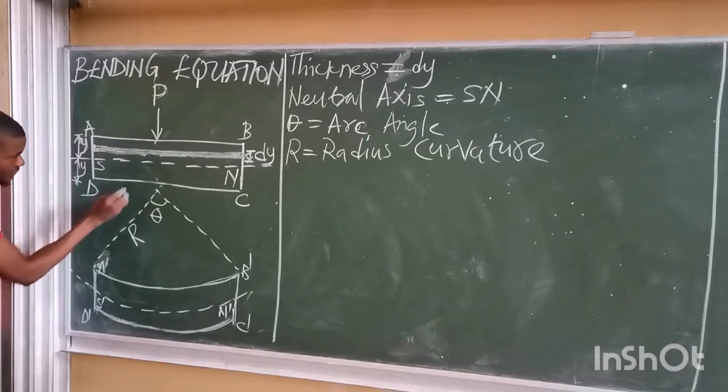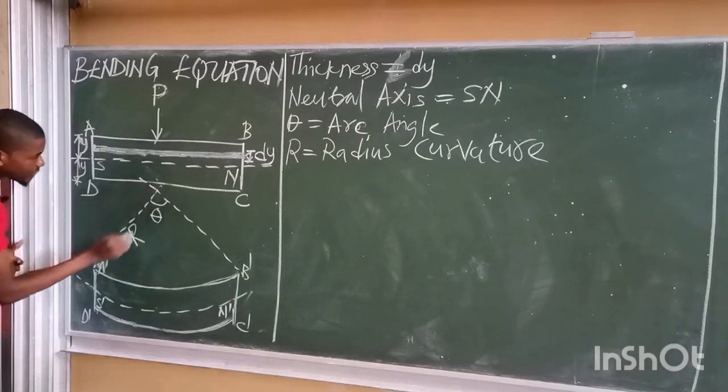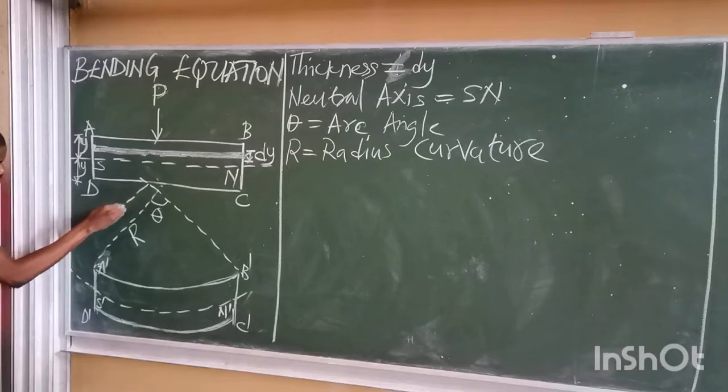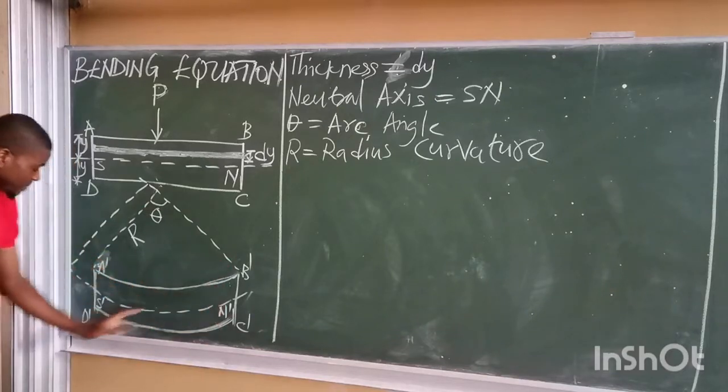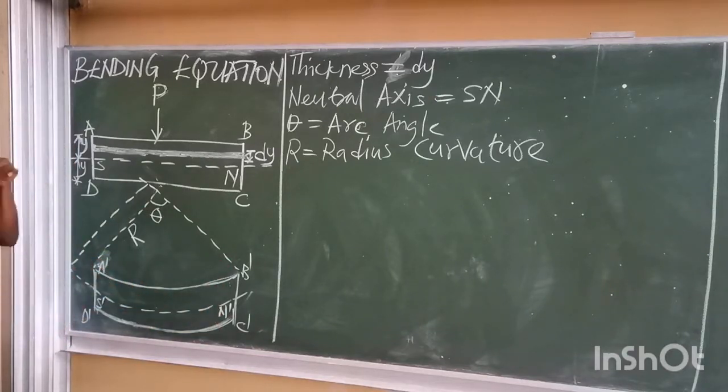Then what now happens? If I trace this point down to the neutral axis, notice that I said from the center to point A after the bend, now we have A prime, B prime, C prime, and D prime. Okay, so from the center to point A prime, we call that what? The radius of curvature.